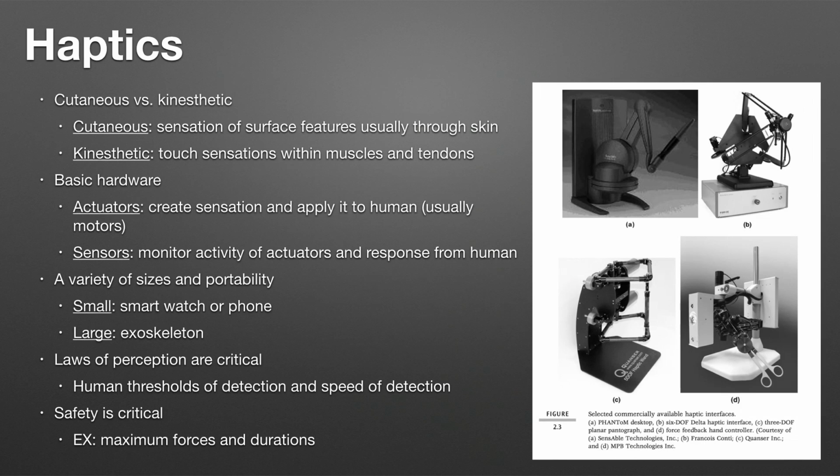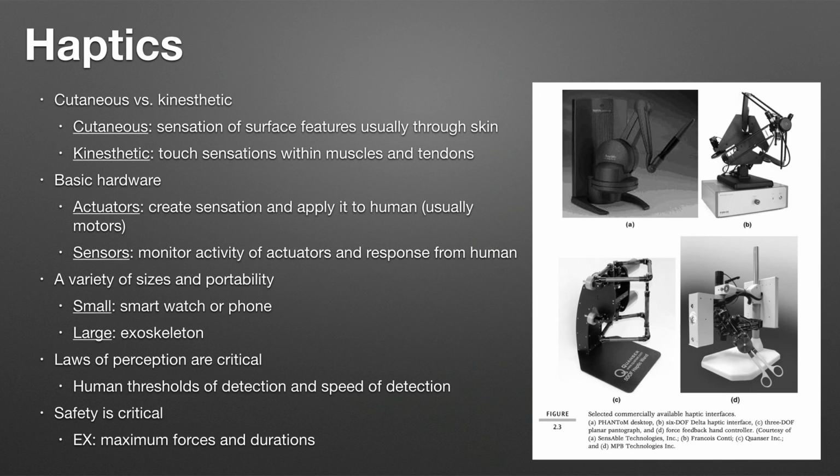When we think about hardware that's used in haptics, we have both actuators and sensors. Actuators take physical action in the world, whether that's a motor or a speaker or something that causes a vibration somehow. And sensors monitor what's going on in the world, maybe monitoring what the actuator's doing, maybe monitoring what the user's doing and how they're responding.